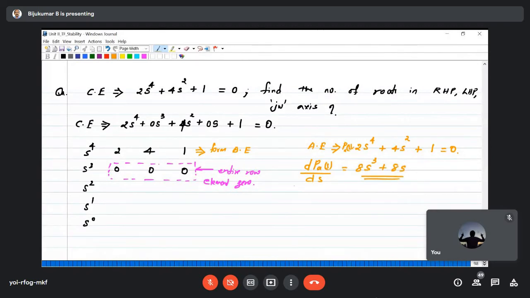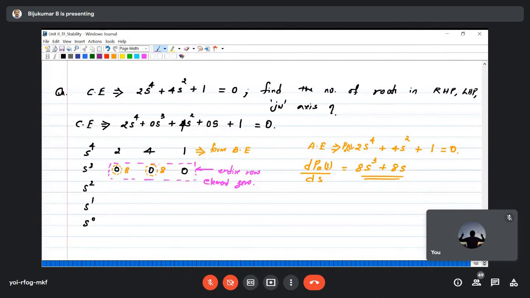Now using this polynomial we complete the entire 0 row, so you can replace this 0 with 8, and again replace this 0 with 8. Now you can continue the computation process.